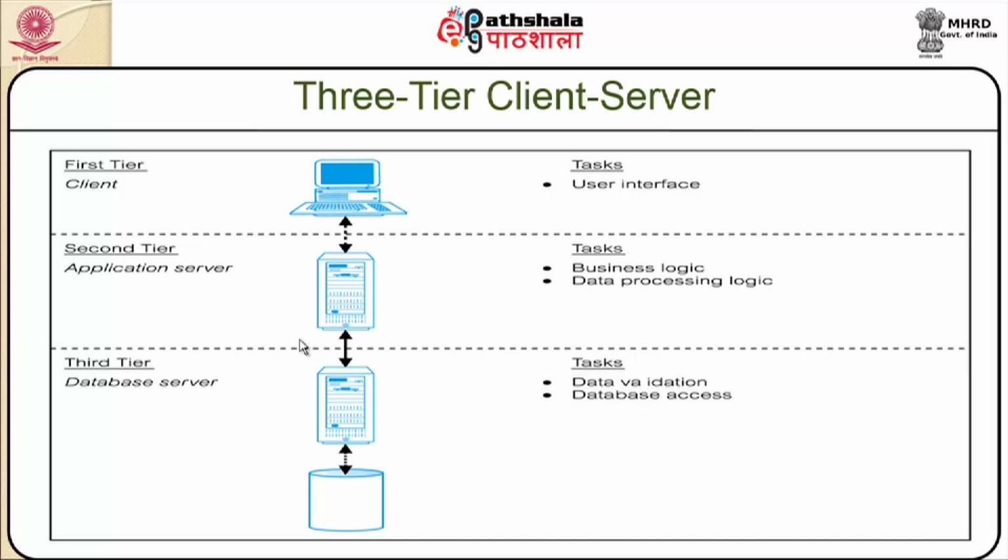Now we can differentiate between a two-tiered and a three-tiered client server system. The responsibility of the client is much less compared to the two-tiered architecture, since we have introduced another server called an application server, which deals purely with two logics, business logic and data processing logic.